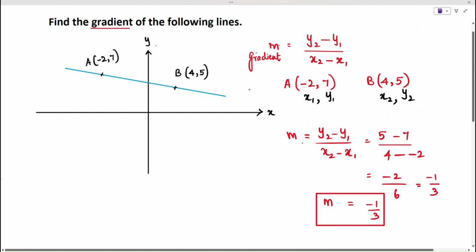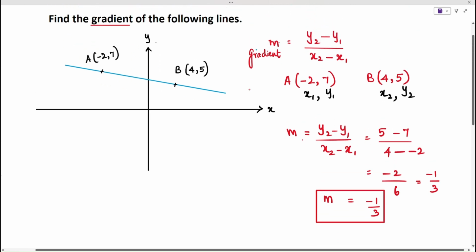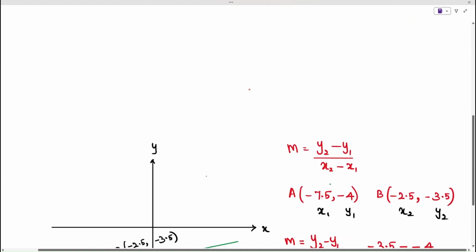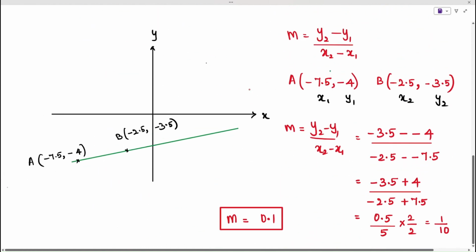In the first question here, we can see that the line goes down when we move from the negative x-axis to the positive x-axis, and so our gradient is negative. For our second line, our gradient is positive and the line moves up as it moves from the negative x-axis to the positive x-axis.